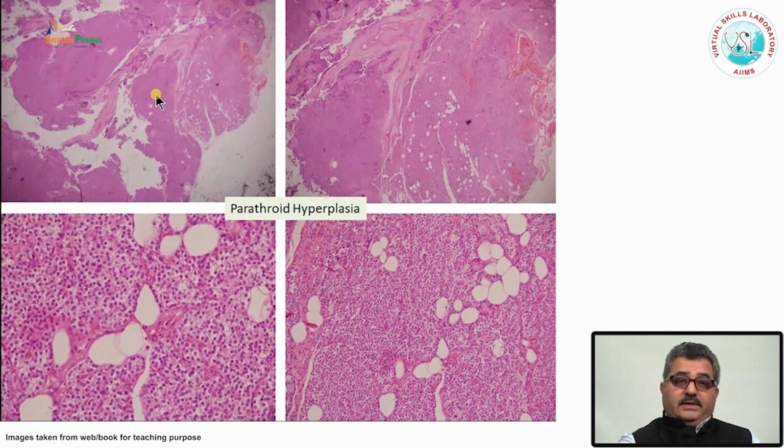Whenever there is hyperplasia, the parathyroid gland is lobulated. The shape of the gland is maintained. So when we examine the sections, these are the lobules of the cells. Whereas in the adenomas, grossly, the parathyroid glands become globular. They grow in one direction. Whereas in the hyperplasia, all the lobules are hyperplastic.